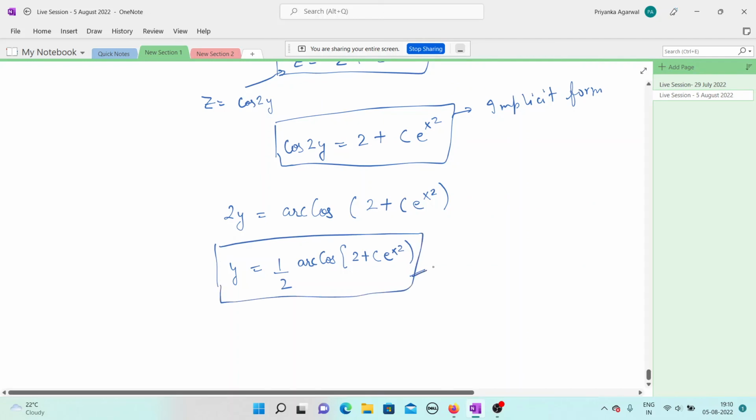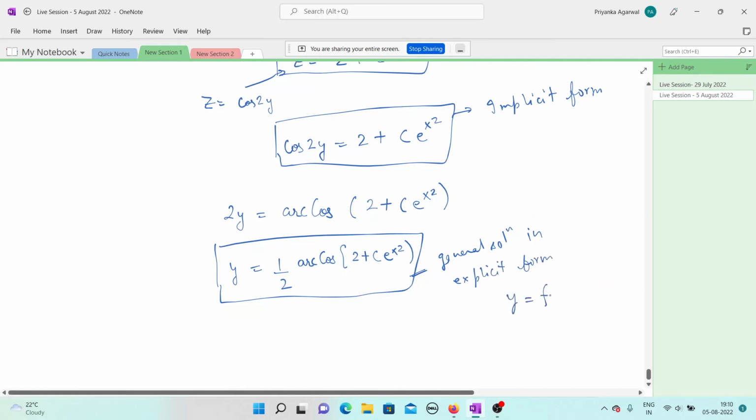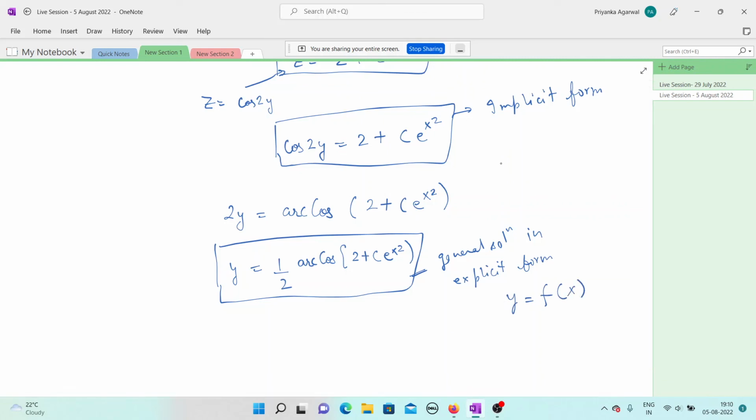Right? So this is your general solution in explicit form. Explicit form is basically where you are able to write y clearly as some function of x. It's not like this, where some function of y is equal to some function of x.